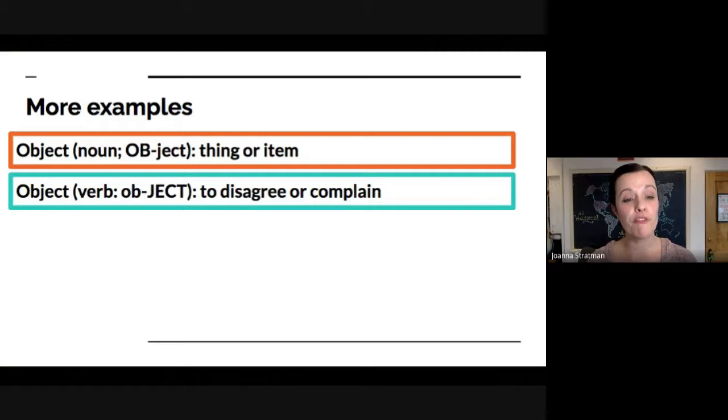But the verb form is pronounced object. And if you object to something, you disagree with it or complain about it. Object, object.